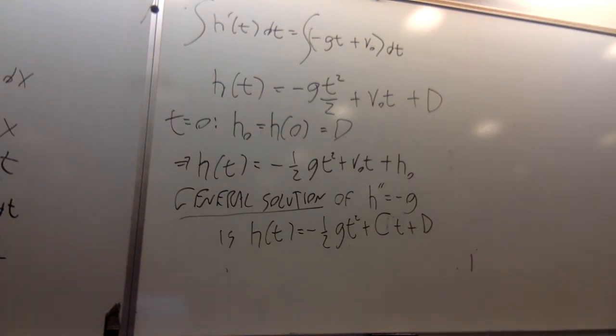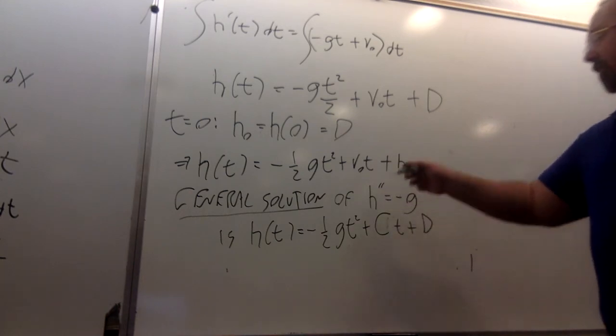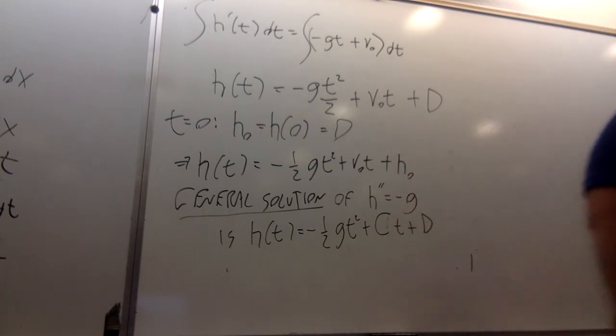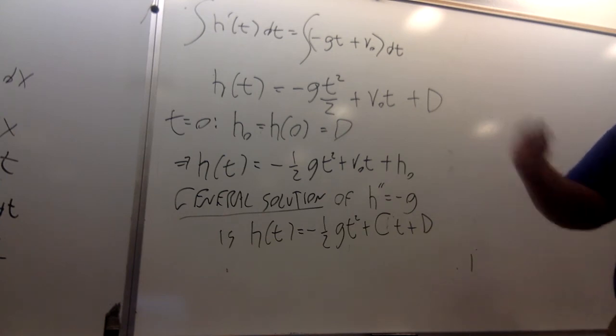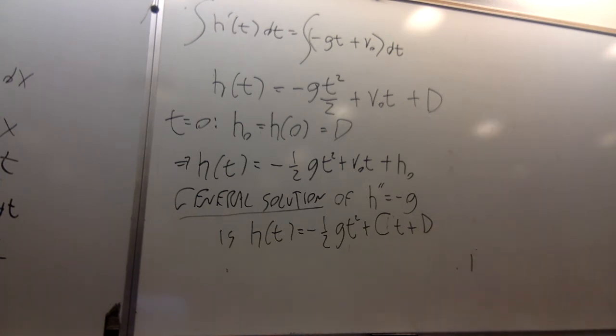No matter what their values are, this function will satisfy that. So that's what's called the general solution. It is a function that describes all possible solutions. To pick out a particular one, you need conditions. So the initial conditions, in this case, we specify the initial height and the initial velocity.